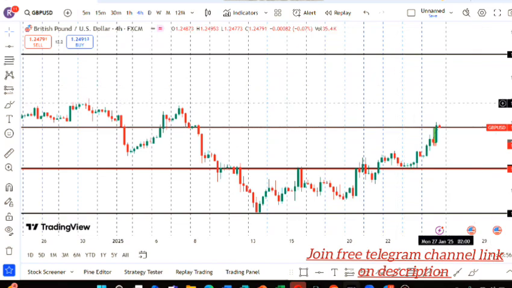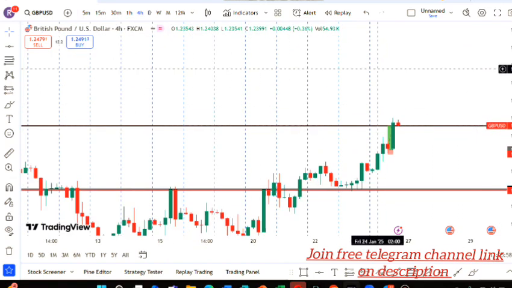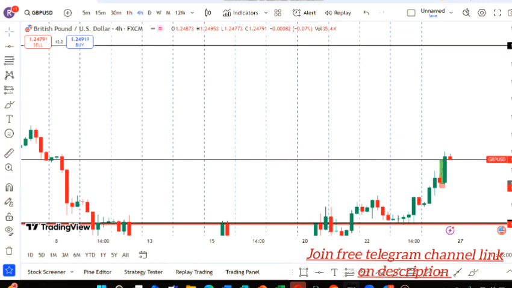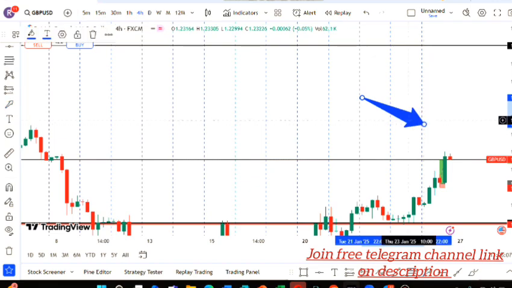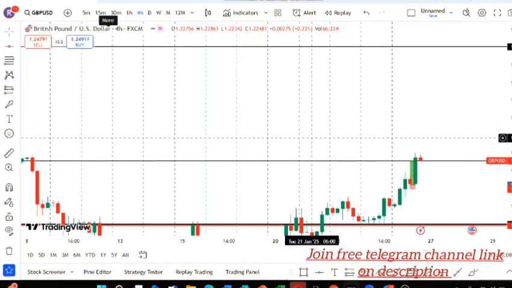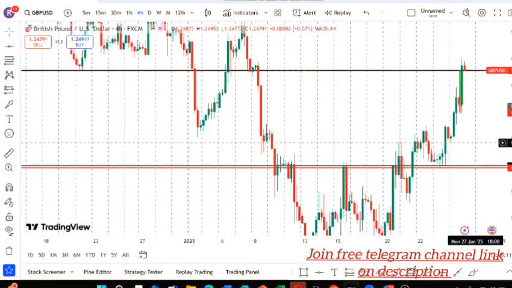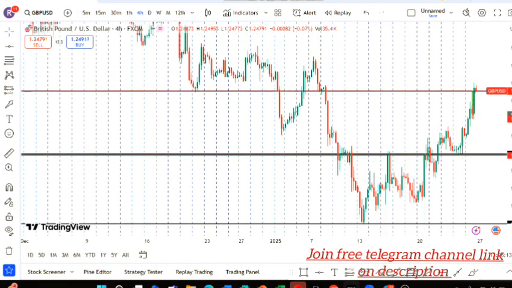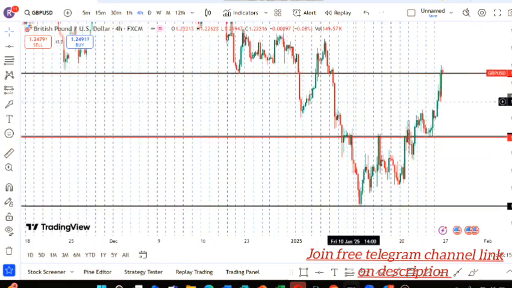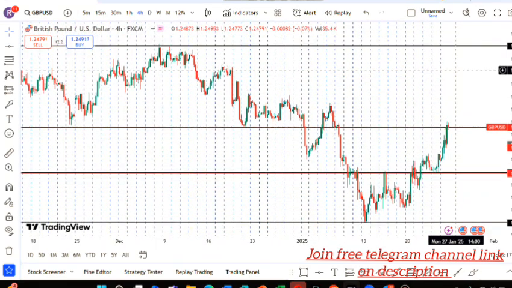From one session break to another is 1 day. This is GBPUSD, and as you all know, it is in a clear downtrend move.